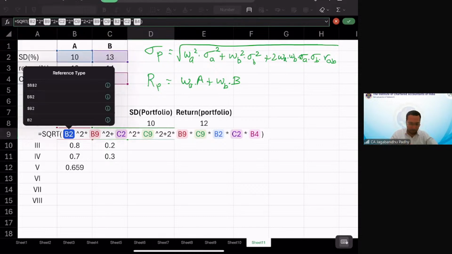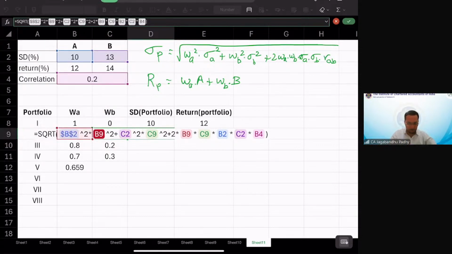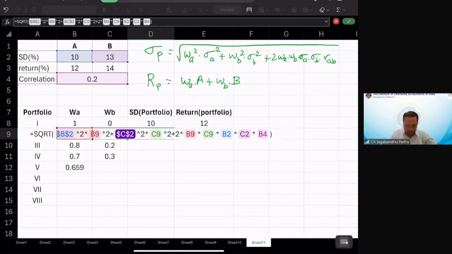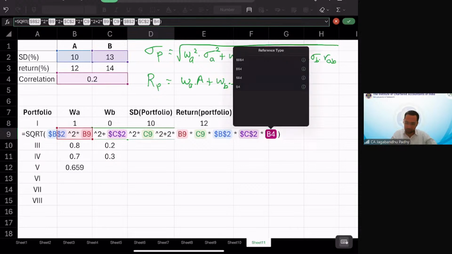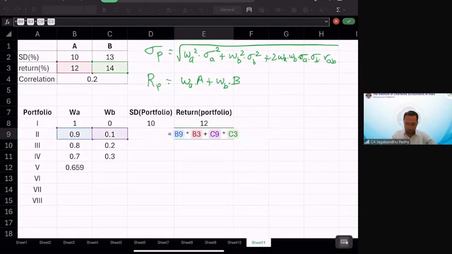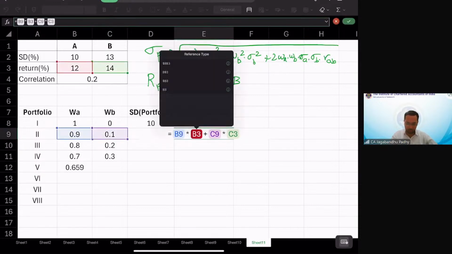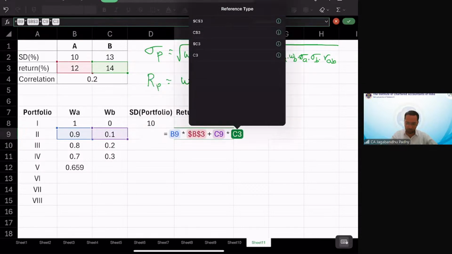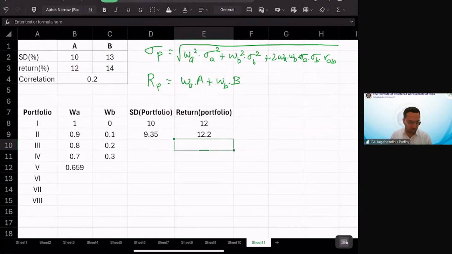Try it out with the third one. Try the third case also, where the weightage is 0.8 and 0.2. Let's check with the third case.